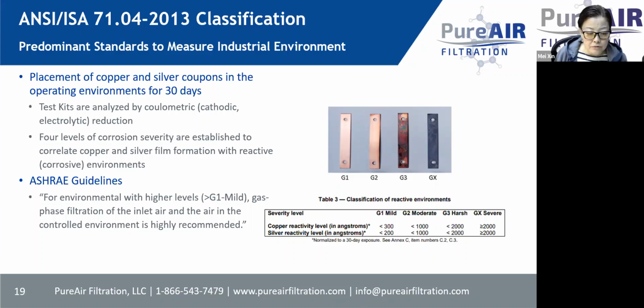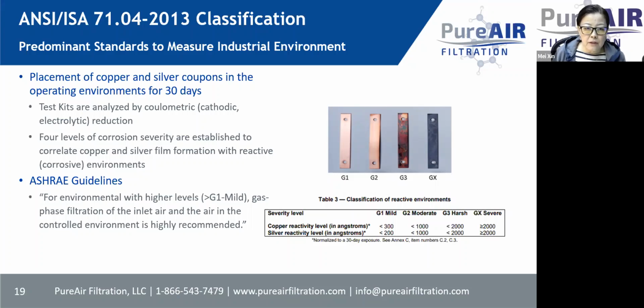Copper and silver, these two metals, are the most susceptible to corrosion attack. So normally corrosion testing kits use copper and silver material. The byproducts formed are metal salts on the metal surfaces, causing mass gains or metal loss.